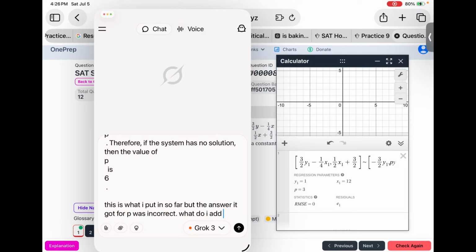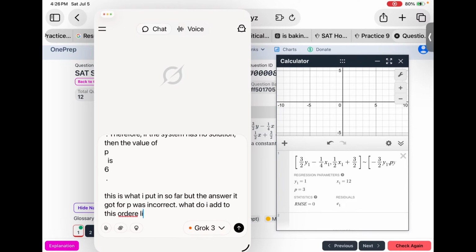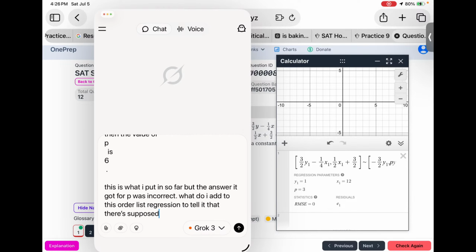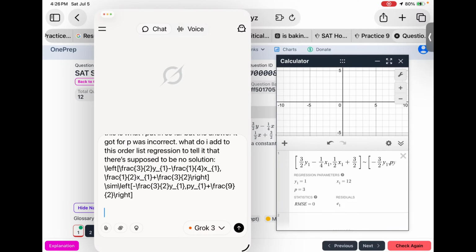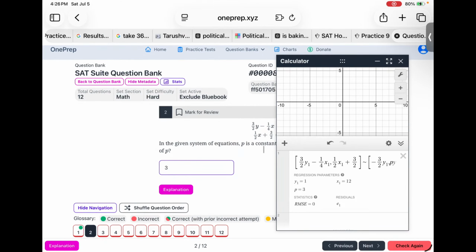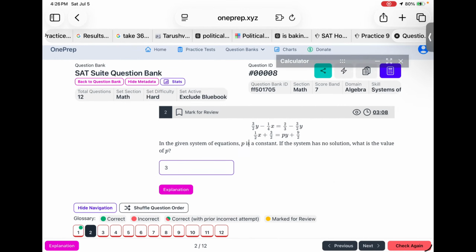What will I add to this ordered list expression to tell it that there's supposed to be no solution? And then I guess I'll also copy paste the question itself for good measure, if it'll let me do that.